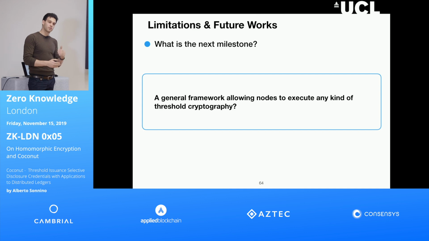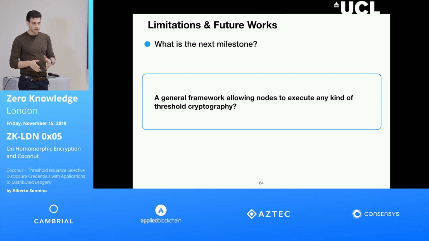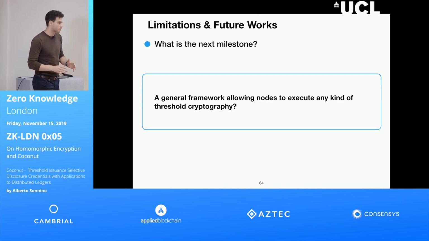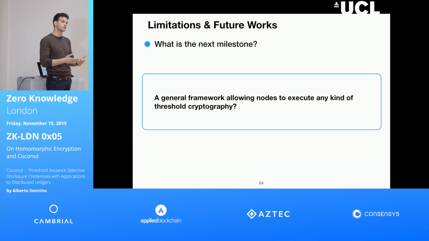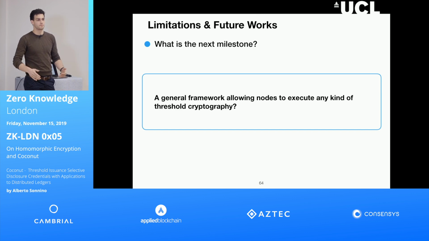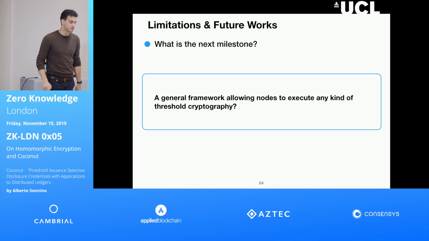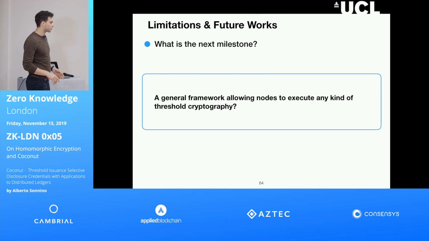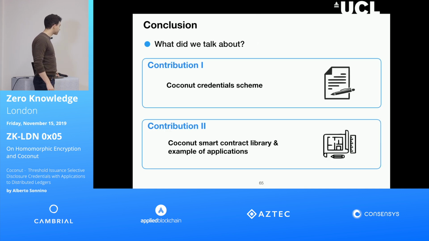Right now, the smart contract only executes code that is public to everybody. If we could have a more general framework where the authority could inject functions of their secret, that could be very nice. For instance, threshold decryptions. Then only if it gets ordered, you get decryptions. But it's actually more tricky than one may think.